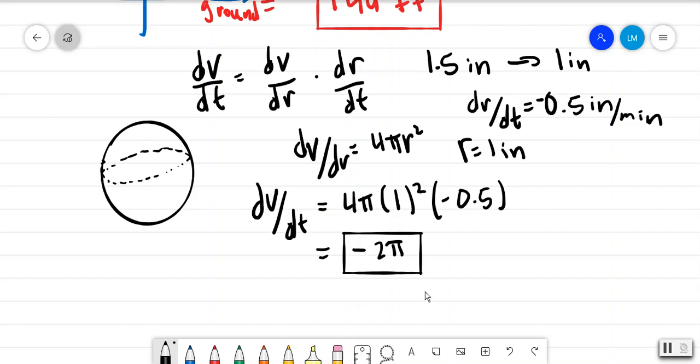So this is telling us that the volume is decreasing at negative 2 pi inches cubed per minute. Okay, so that's another way we can relate to rates of change, which is nicely related rates. But that's not until later, because that's going to be applications of rates of change.